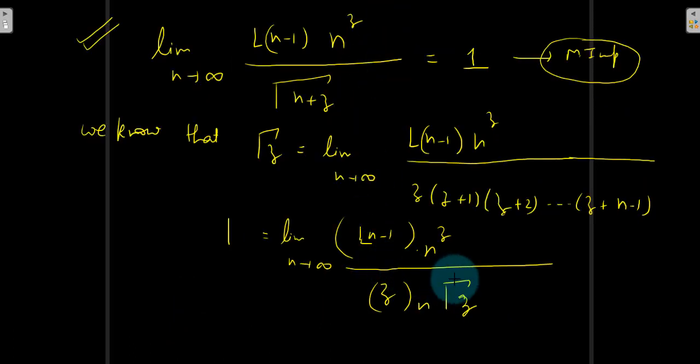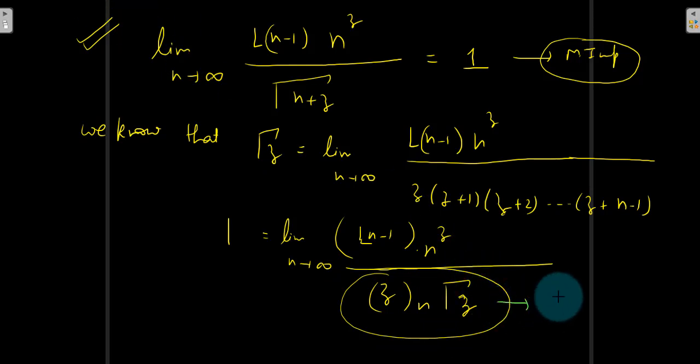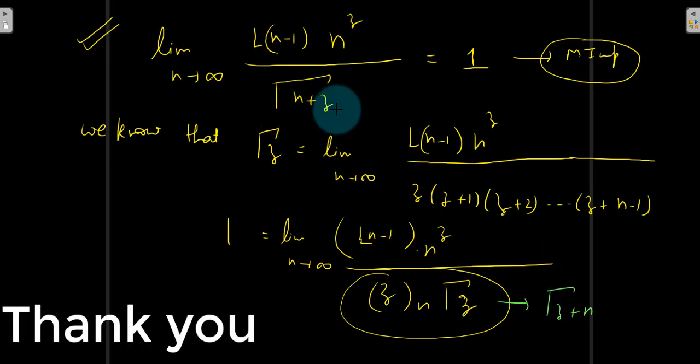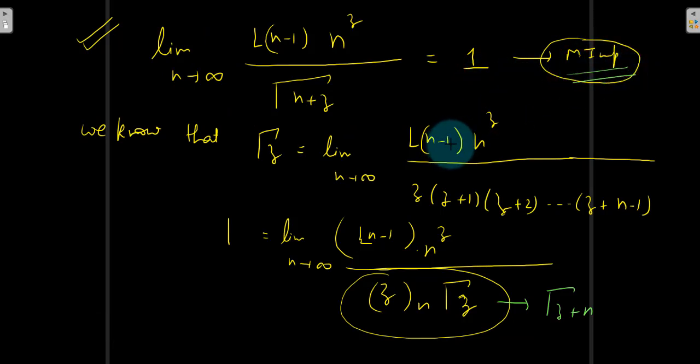So directly you can replace this with gamma of z plus n, and you get this result. So this is a very important result: factorial n minus 1 times n to the z divided by gamma of n plus z, or z plus n, and the limit is always going to be 1. This is most important, always keep it in mind. Okay, thank you.